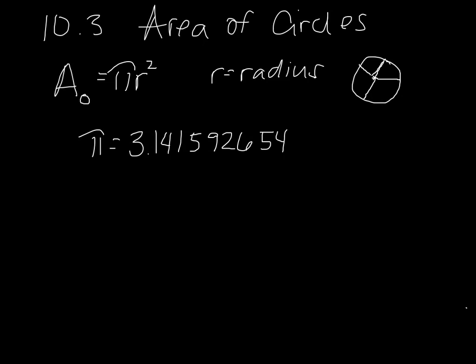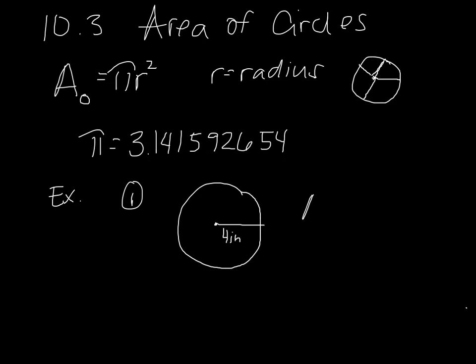All right, so here let's do an example. If I have a circle, and it's telling me from the center of that to the outside is 4 inches, so we know that that's our radius. So I'm going to write my formula.